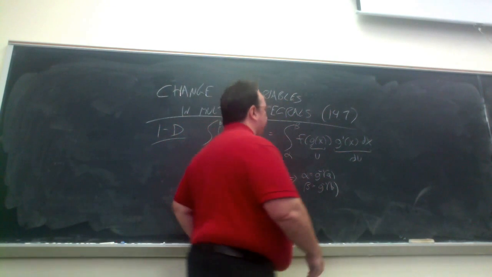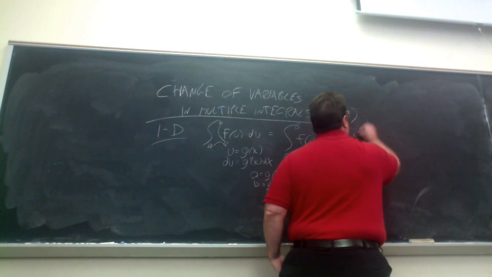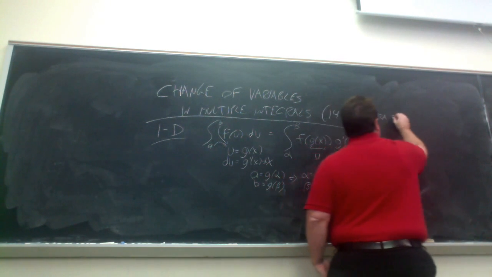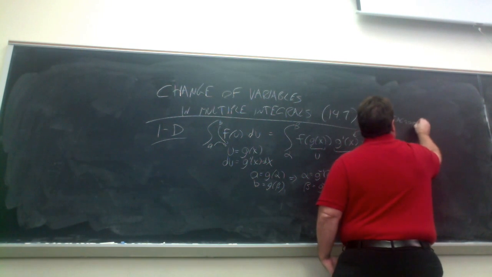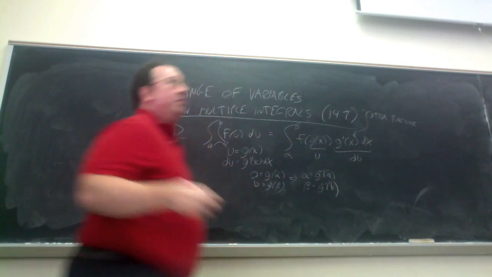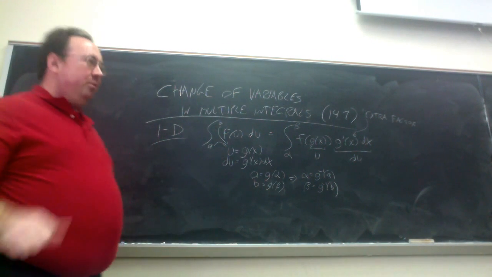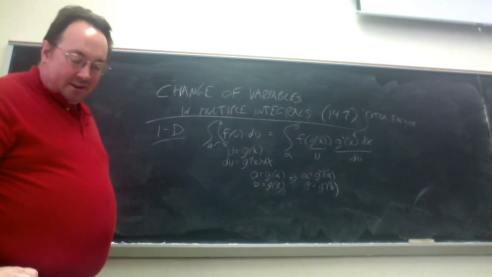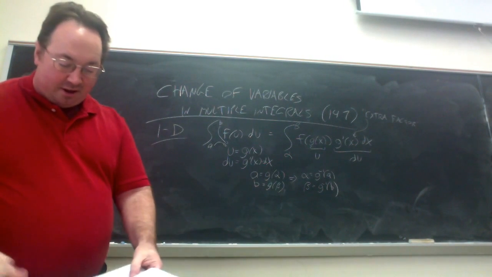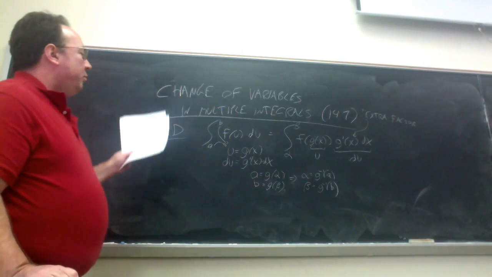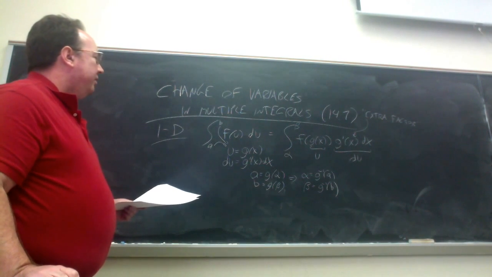But then you have what I've been referring to most informally and non-rigorously as the extra factor. Like when you switch to polar coordinates, I tell you not to forget the extra factor of r that has to go in there. We'll finally give a proper name to this in a little bit. But it's easier to show in one dimension why we get that extra factor in the first place.